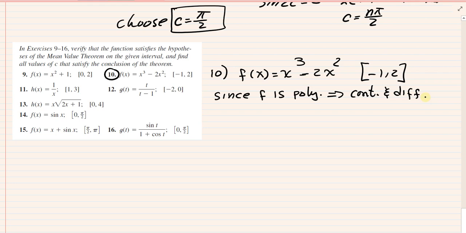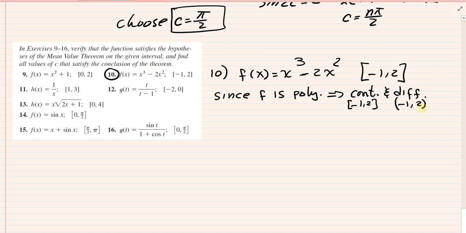No need for f prime here, although f prime is a polynomial again, and it too is continuous and differentiable, but that's not what the mean value theorem requires. This is what it requires. So it's continuous on the closed interval, and it's differentiable on the open interval because it's a polynomial function.